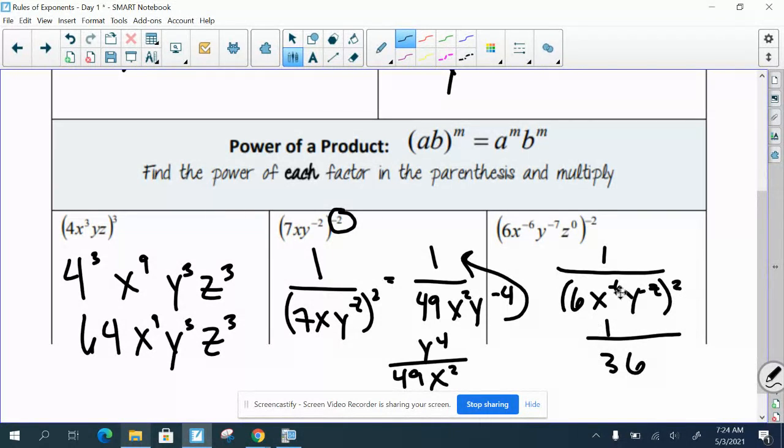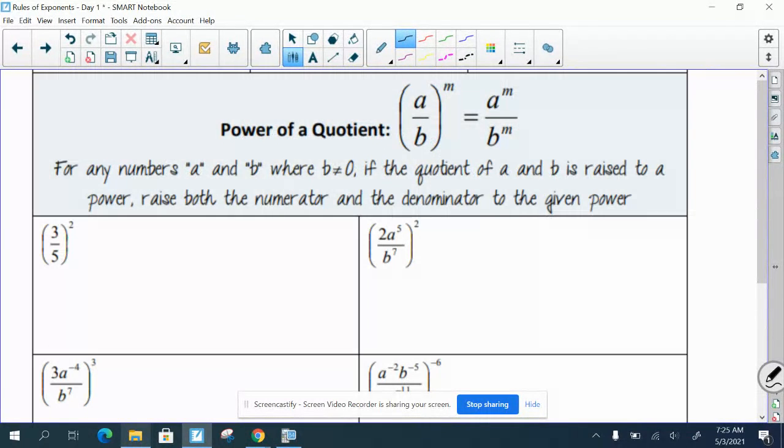Now for these ones, I actually know that when I distribute the square, they're actually going to go in the numerator because they're negative exponents. So now I'm going to have x to the 12th and y to the 14th up in the numerator. So that would be my final answer for that one. Okay, hopefully we're not going too fast, but I think you'll be okay.